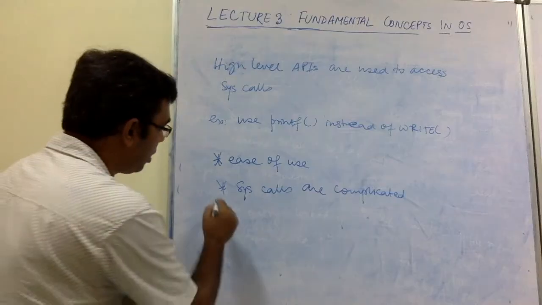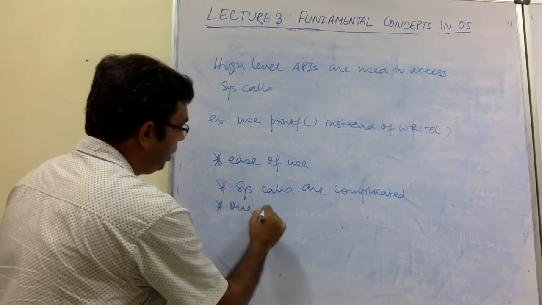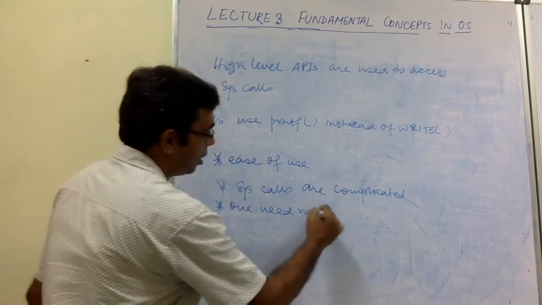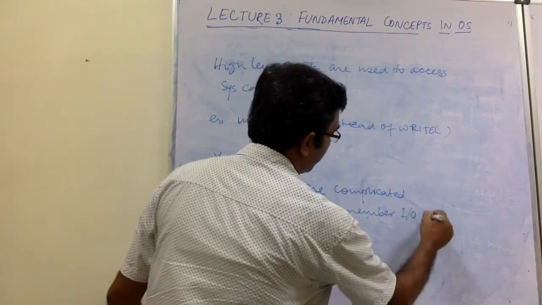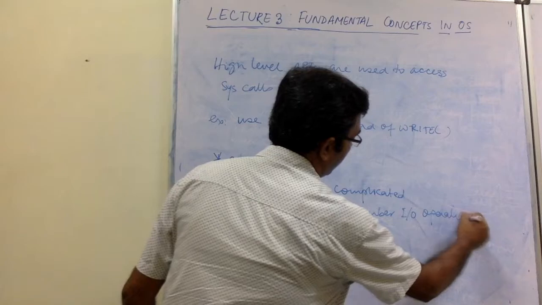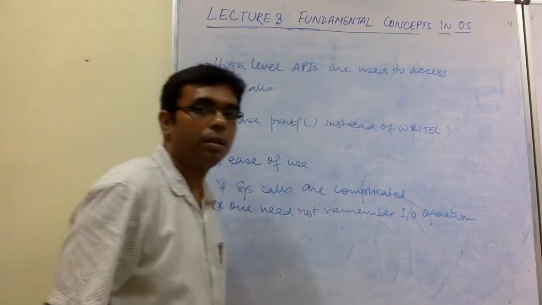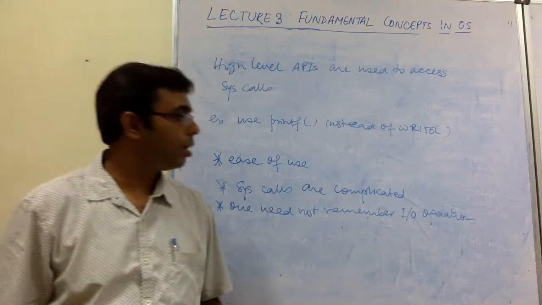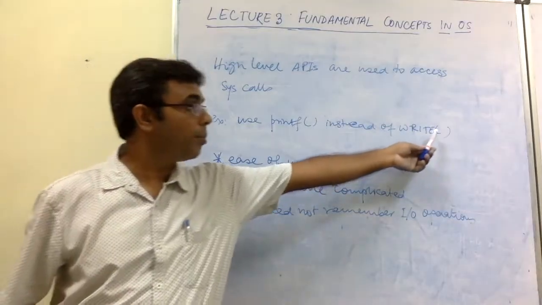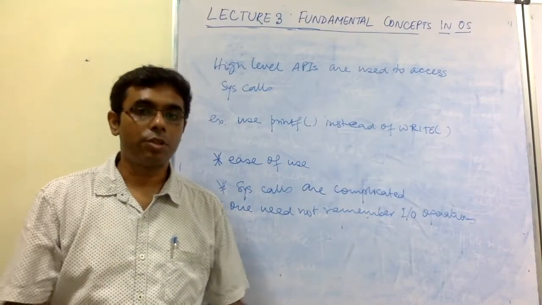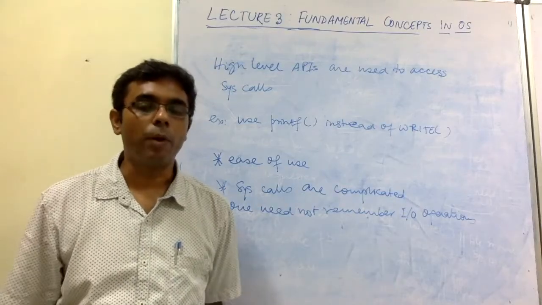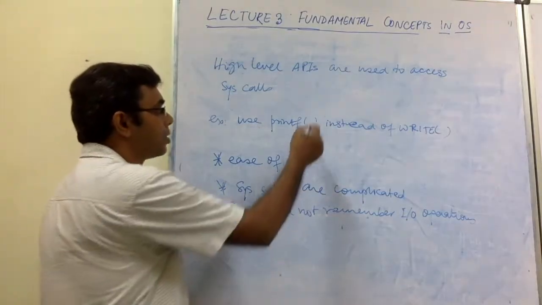And one need not remember the I/O operations. That is the most interesting part. In case of the system calls, you need to know a bit of detail about the input-output mechanism, which you can simply do away with while you use these library functions.